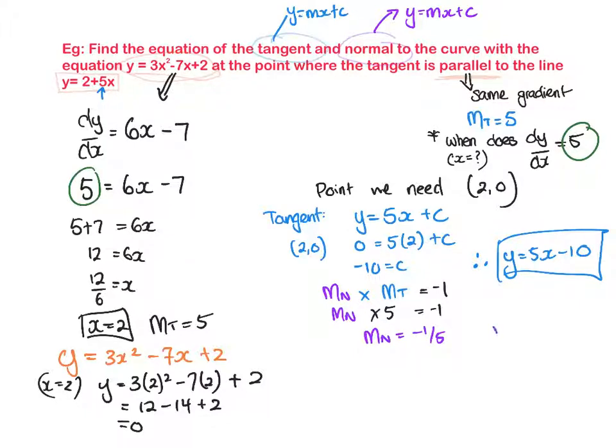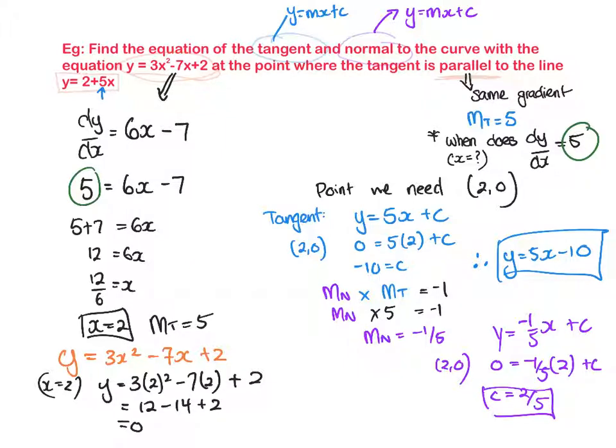And so once again, we've got this much of the equation, and I'm going to sub in that point again, 2, 0. So I've got 0 equals negative 1 over 5 times 2 plus c. So c ends up equaling 2 over 5 for this one. And so the equation is y equals negative 1 over 5 x plus 2 over 5. Okay, and you've rearranged that.